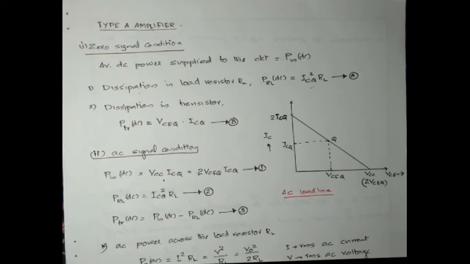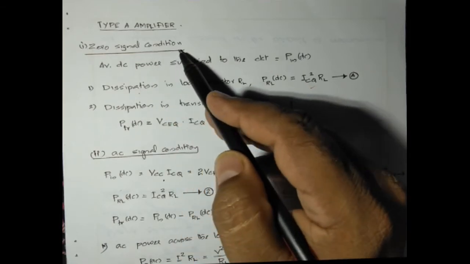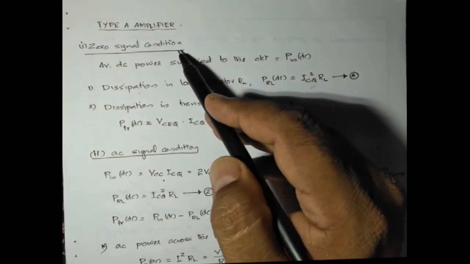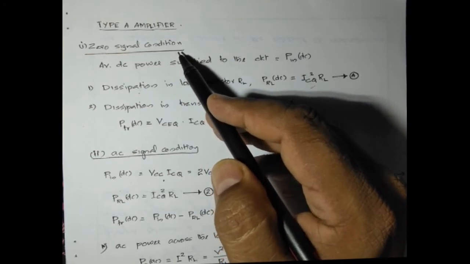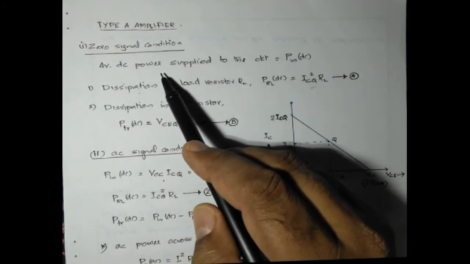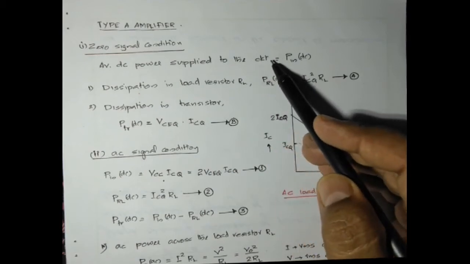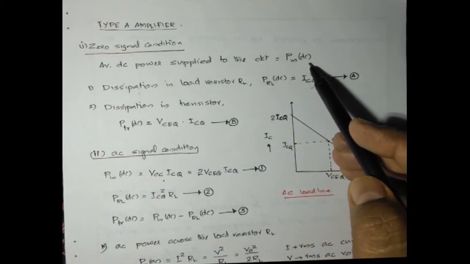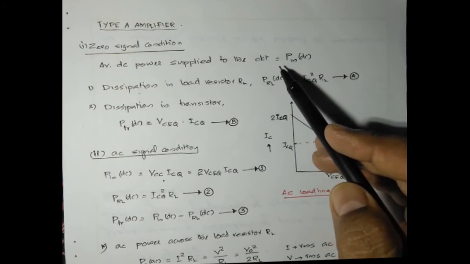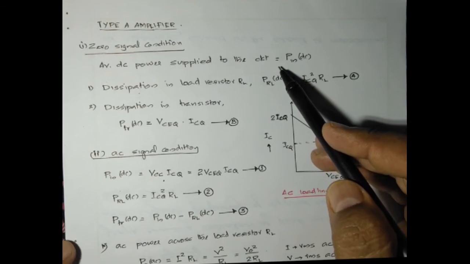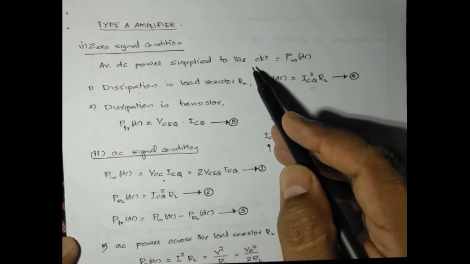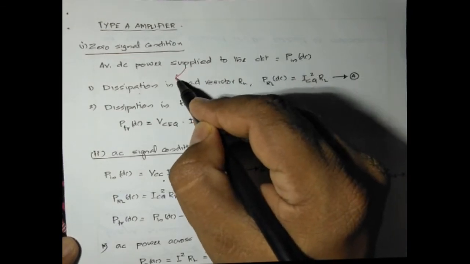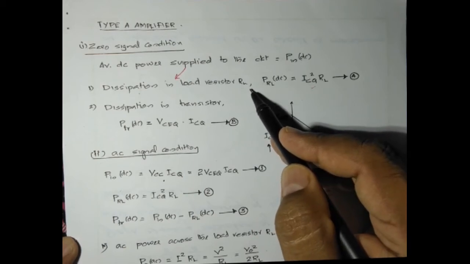When no AC signal is applied to a transistor, the condition is called a zero signal condition. At the zero signal condition, the average DC power supplied to the circuit could be written as P in DC. This average DC power is expended in two ways. One, a portion of the power is dissipated in the load resistor itself.